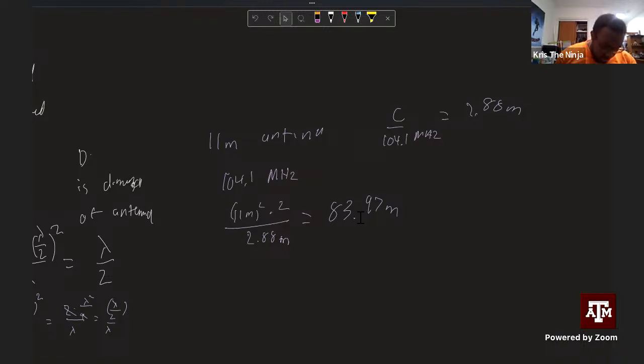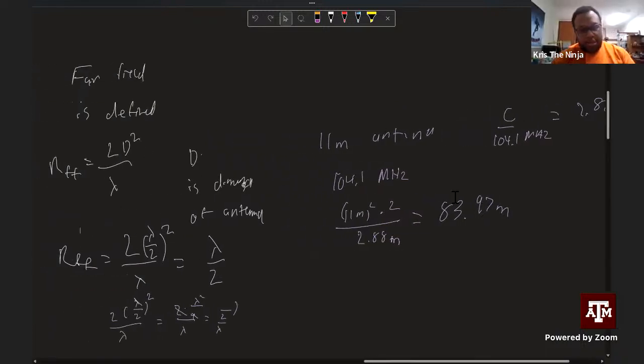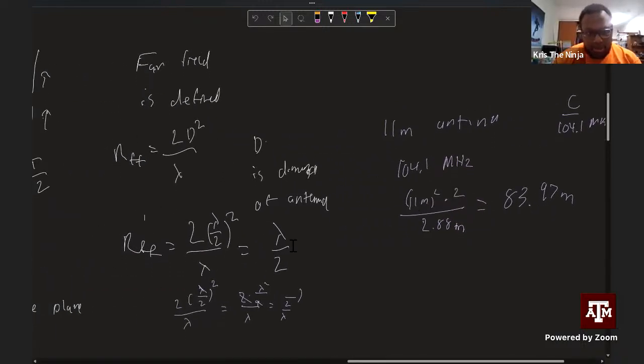Oh, no, that becomes lambda over 2. So this math proves that this is equal to this.